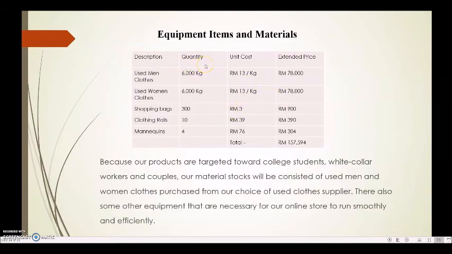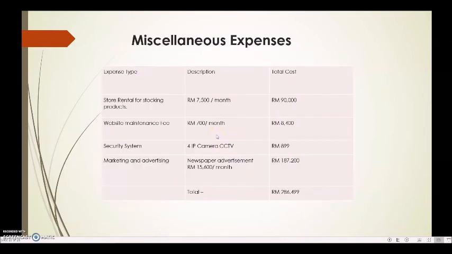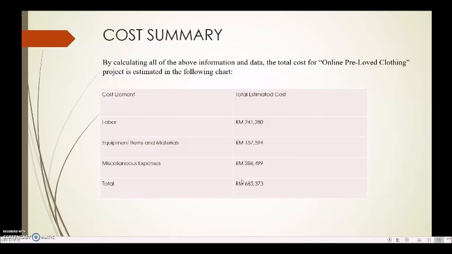We will do the calculation with quantity, unit cost, and then extended price, and then the total in our budgeting system. And in the expenses, the miscellaneous expenses will include stocking products, where we would have to keep the stock in rental space, website maintenance fees, security system, marketing, advertising, etc.